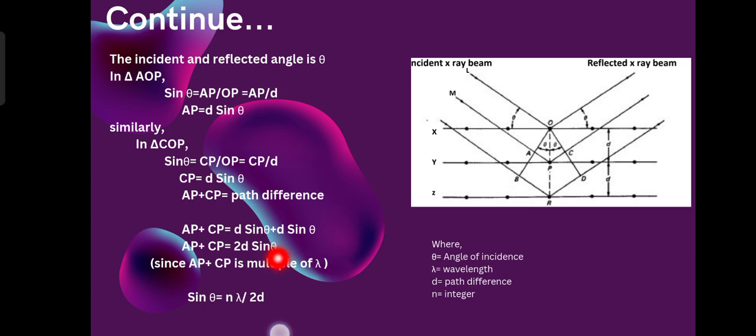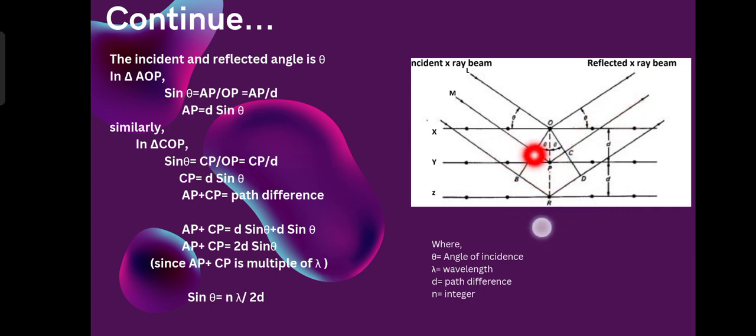Since AP plus CP is a multiple of lambda, meaning lambda is the wavelength. So consider if here AP is one wavelength, then ideally CP should also be one wavelength. Then only the constructive interference will occur.